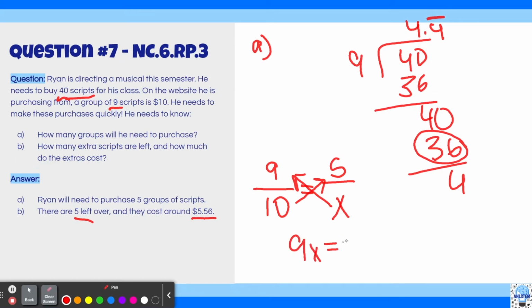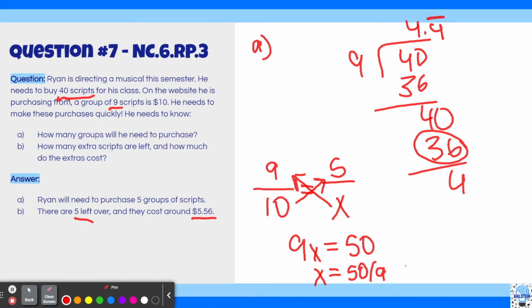9x equals 50. x equals 50 over 9. Let's put that in the calculator. You could do this by hand, and it would work.